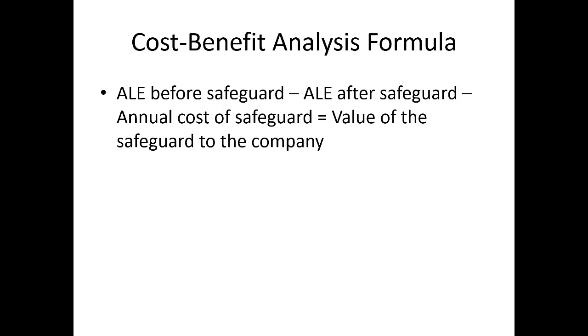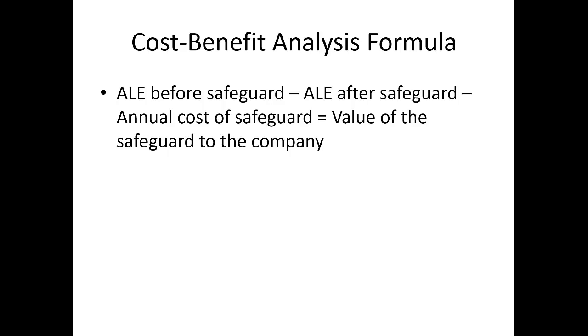So we have to understand the annualized loss expectancy before safeguard. We have to subtract ALE, annualized loss expectancy after safeguard, from ALE before safeguard, which will give us how much benefit we're getting out of the safeguard.